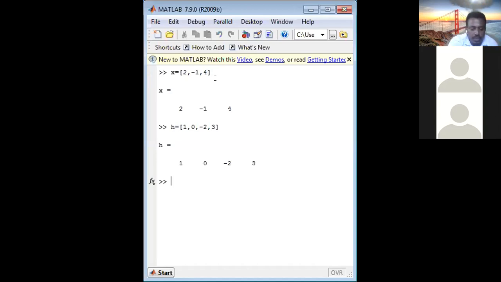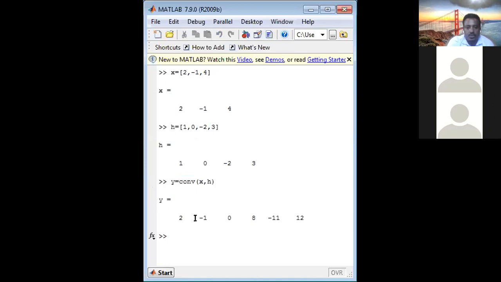Now to calculate the output, you write simply y is equal to conv, C-O-N-V, input is x, comma, what is our impulse response? h. In our program, I give x here, I give h here. Now calculate y by using convolution. So when you press enter, it will give us the output y. What is the output?